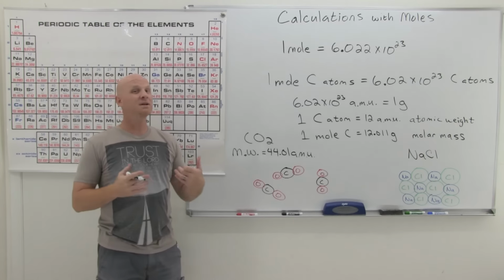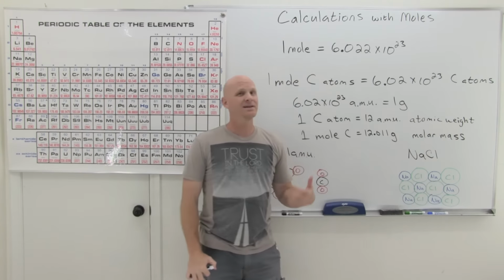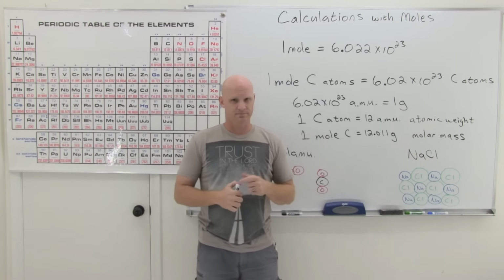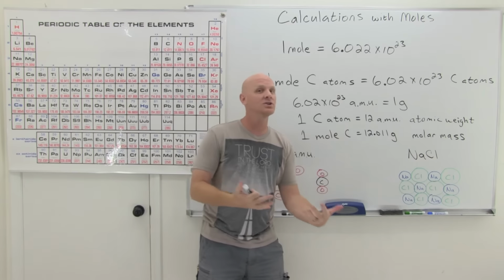That's its molecular weight. Now, if I said, what's the molecular weight of sodium chloride? That would be an idiotic question. It doesn't have one. It's not a molecular compound, so it can't have a molecular weight.